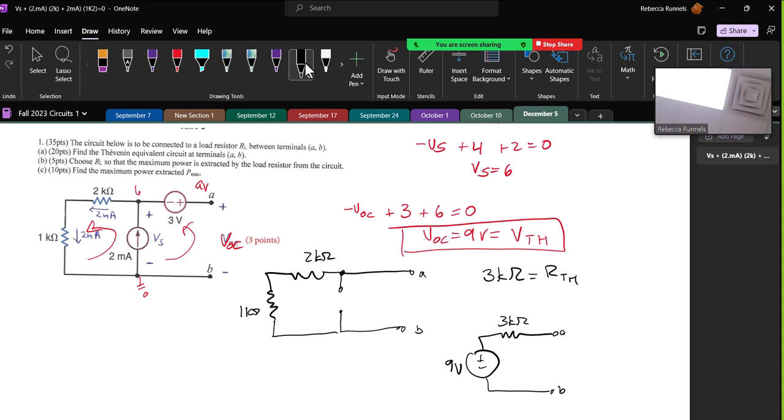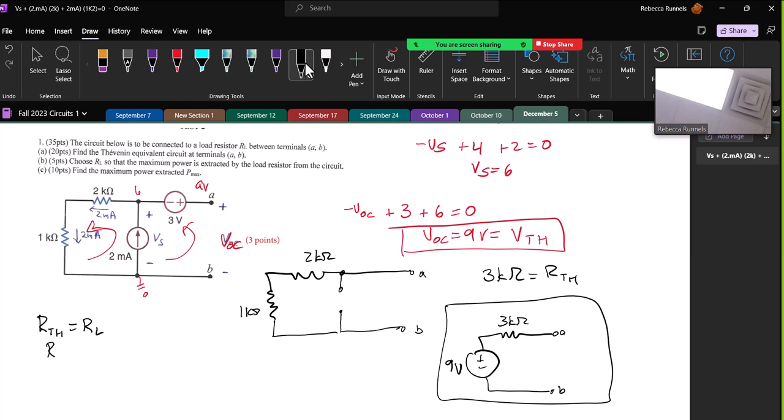Now part B says choose RL so that the maximum power is extracted, so that was part A, so that the maximum power is extracted by the load resistor from the circuit. So maximum power happens when R Thevenin equals R load. And so that means the resistance you want to choose is 3 kiloohms. So that's the resistance you choose. And that's it. That's part B.